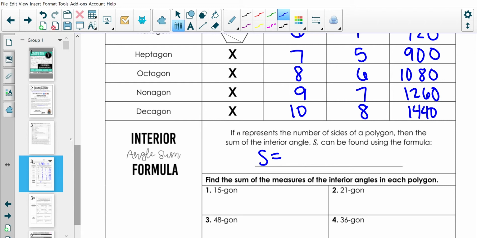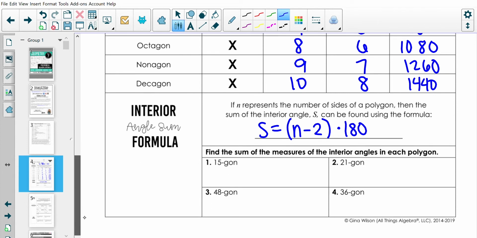If you didn't have a previous term, was it the number of sides or the number of triangles? Number of triangles. How did we get from the number of sides to the number of triangles? You subtract 2. So you take the number of sides minus 2 times 180 to find the sum of the interior angles.